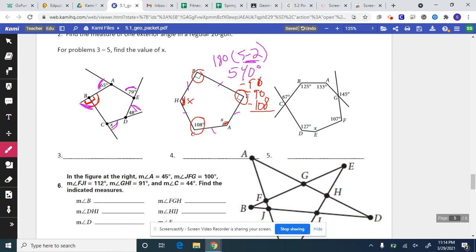Okay, so when you subtract those, you're going to get 252. And that 252 is what's left between these two angles. And since they're both the same, it has to get divided by 2 to get your answer for X.